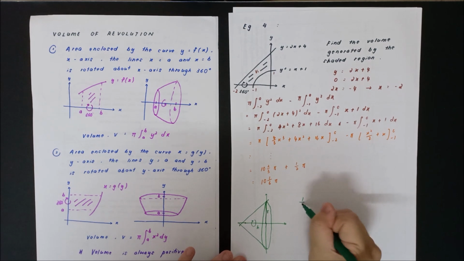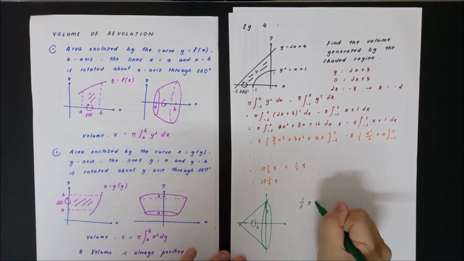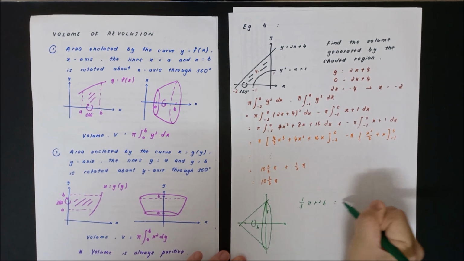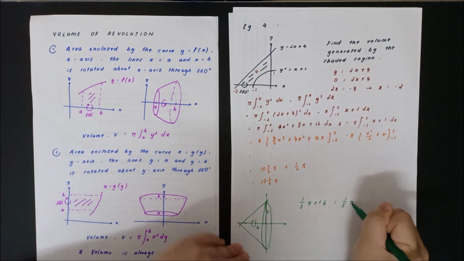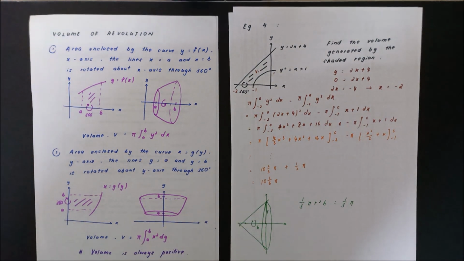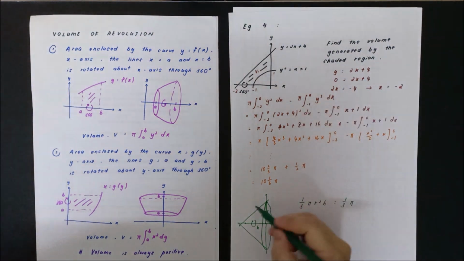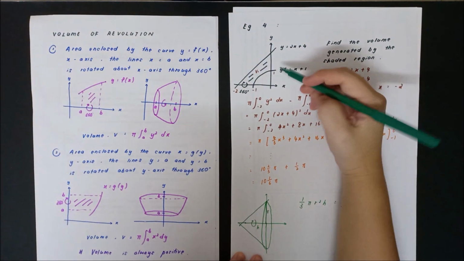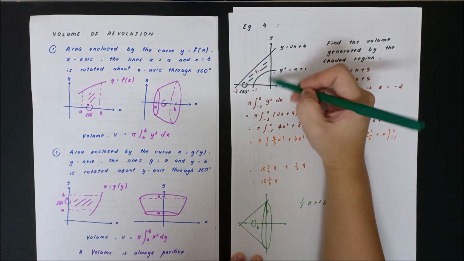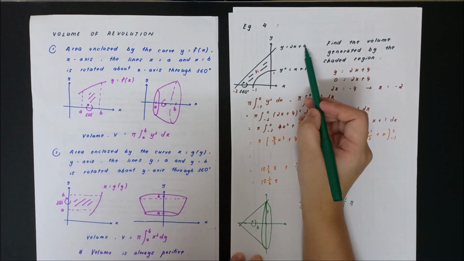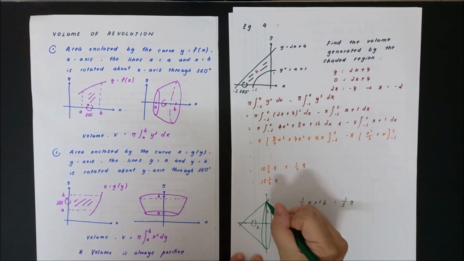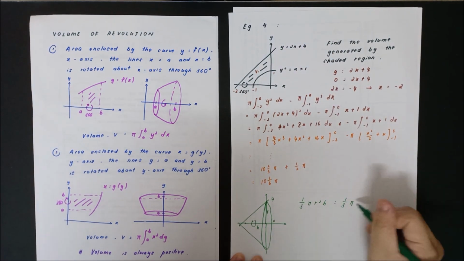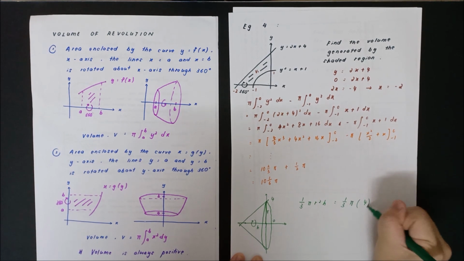So this is your R, then this is your H. 1 over 3 pi R squared H. So what is your R? Your R is the value here, from 0 up to this point, which is the y-intercept. This is 4, so 0 to 4. That's why your R is 4 squared.